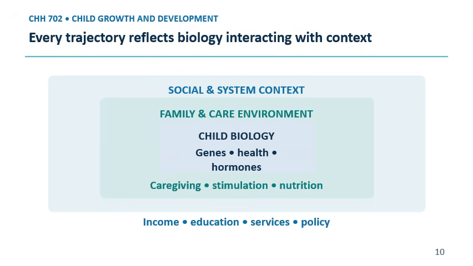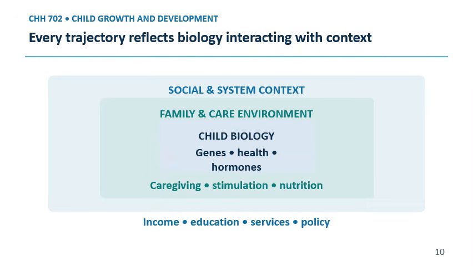Around the child is the immediate care environment: nutrition, responsive caregiving, protection, play, language exposure, and opportunities to learn. Beyond the family are social and system conditions, including income, education, housing, food security, health services, community safety and policy.